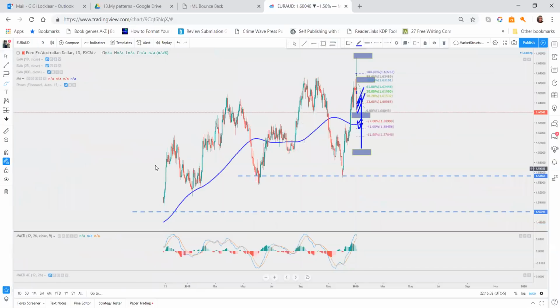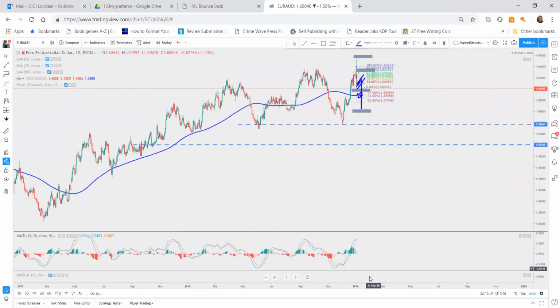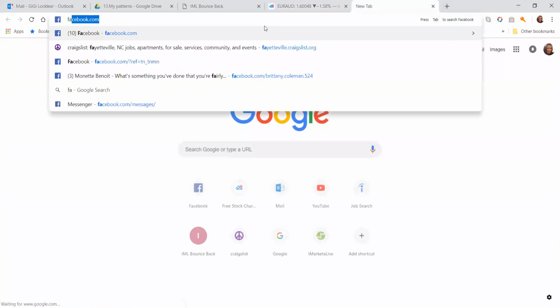And with the MACD, does Lindo have a course on MACD or just on YouTube? Are you in the Facebook page about the IML bounce back? No, I'm not. I am an AML. I will join the bounce back, because this is new to me. I'm used to the market maker or using Dr. Kathy's strategies. If you go to Facebook and it says IML bounce back, join that group.